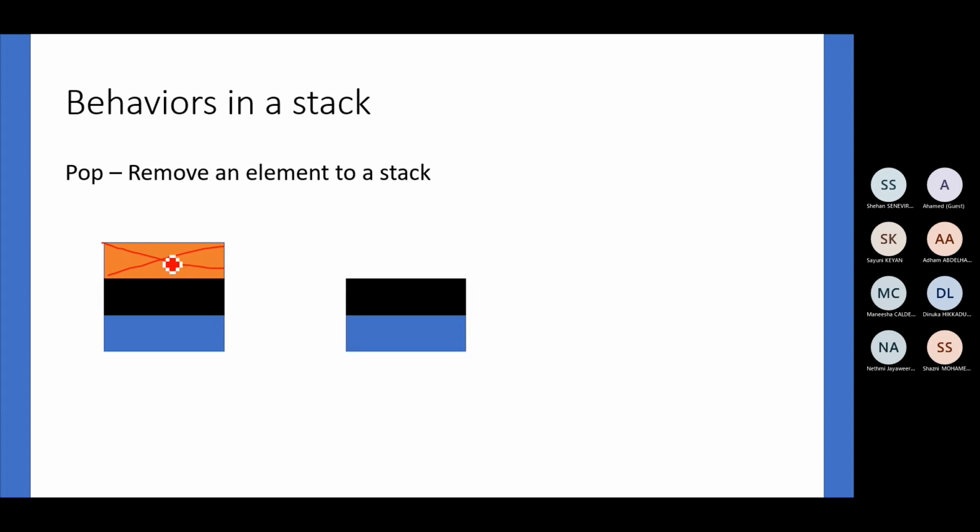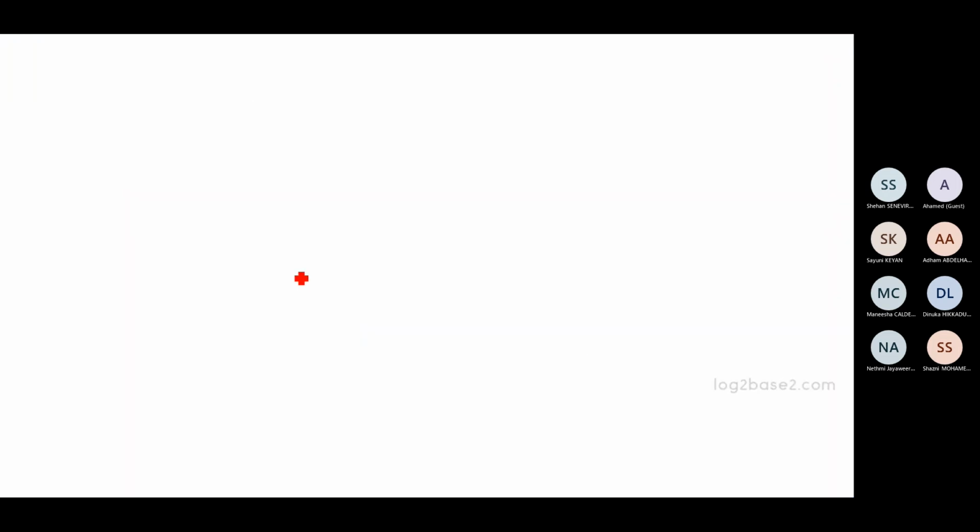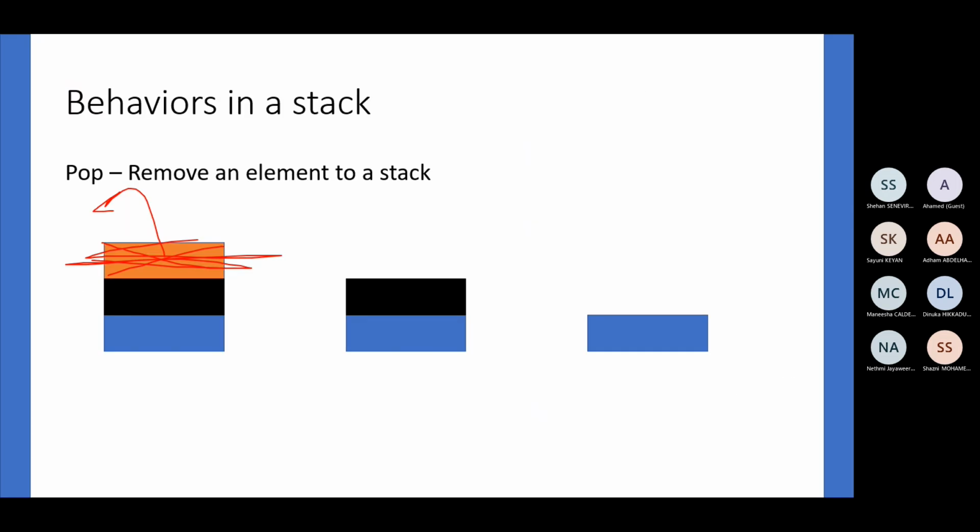After the first pop operation, the first element is gone. Now this is the only stack that we have. The next pop operation would remove the next one. After removing, the remaining is the last element. Even if you want, we can delete it. That means the stack is empty.